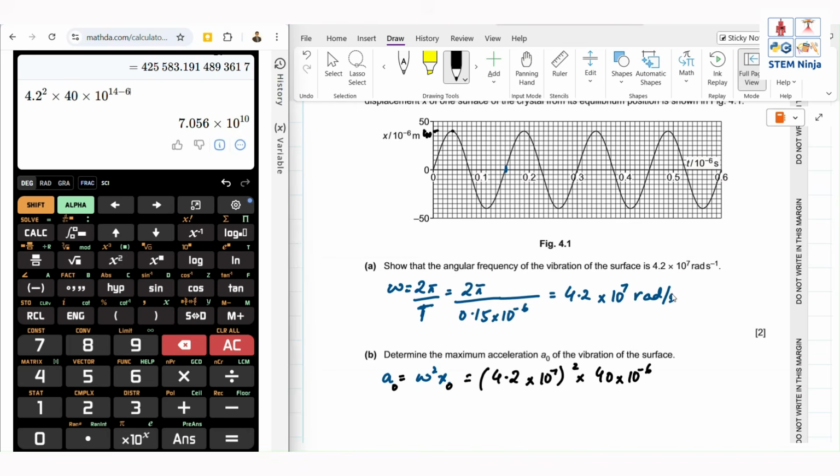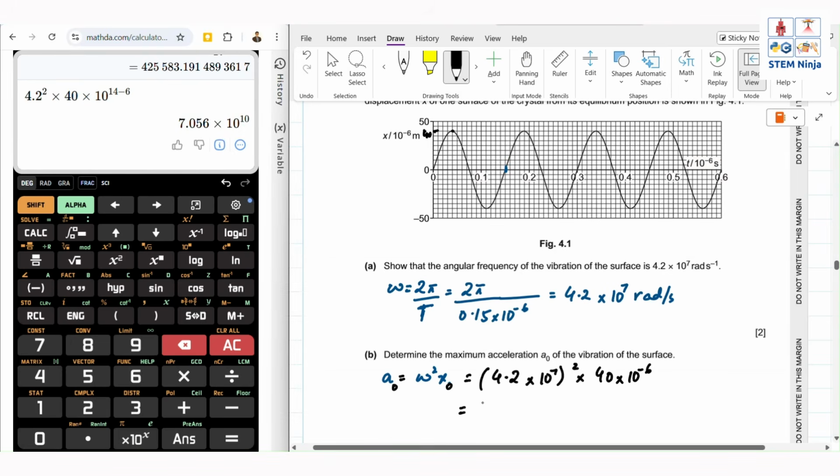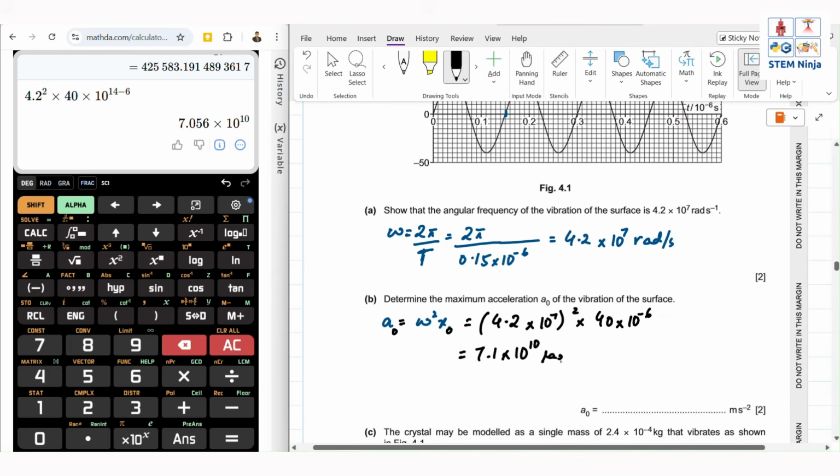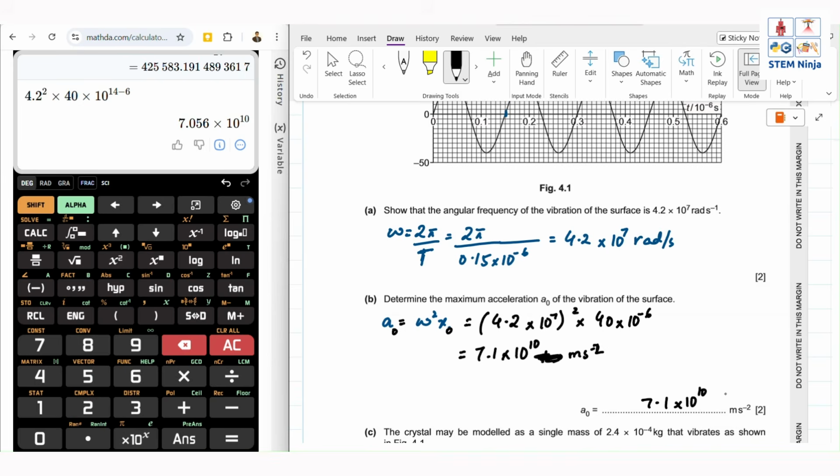We get 7.056, so roughly 7.1 × 10^10 meters per second squared. Okay, we have to write it over here: 7.1 × 10^10.